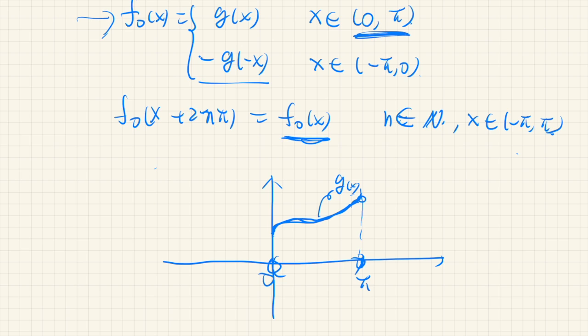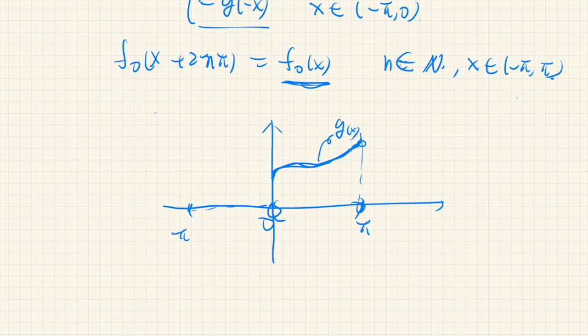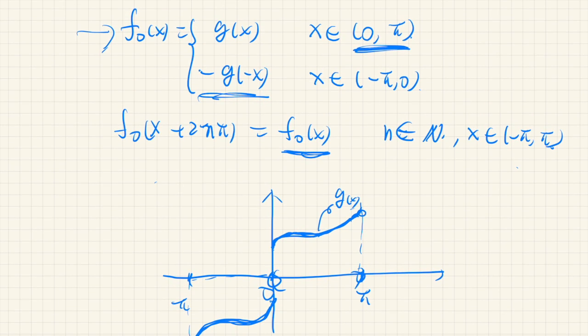And for negative pi to 0, we just copy the mirror of this graph. So it should look something like this. We just rotate this graph around the origin to have this graph.